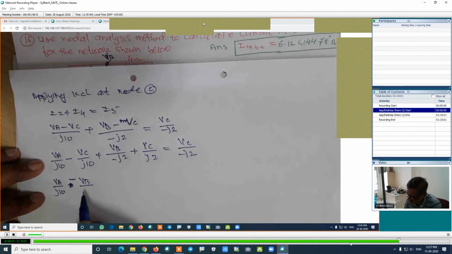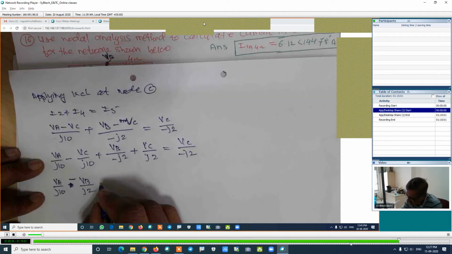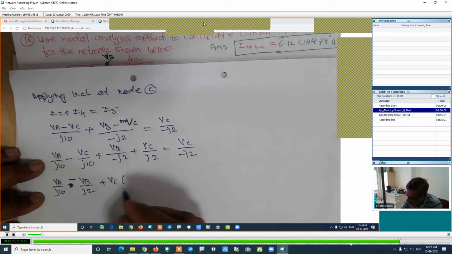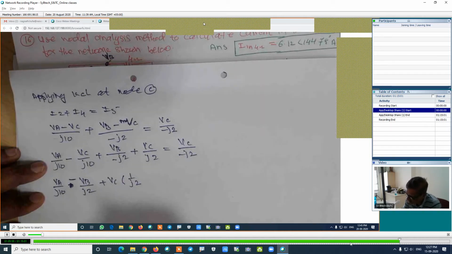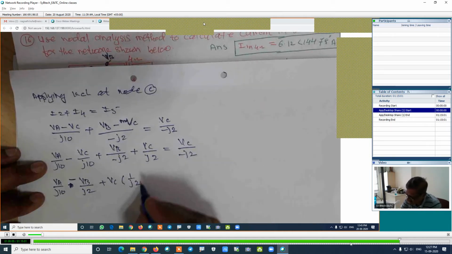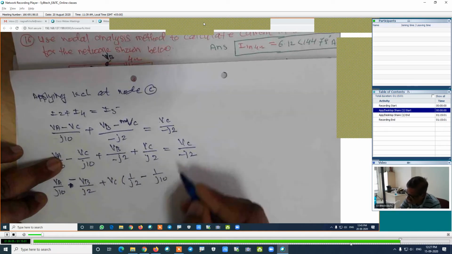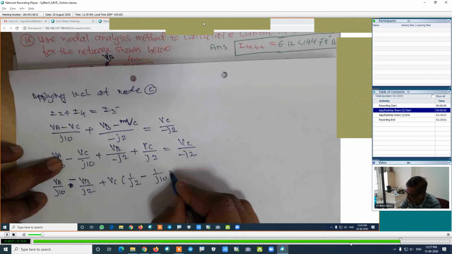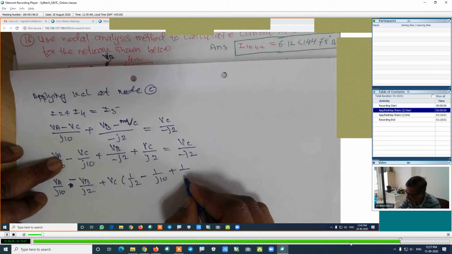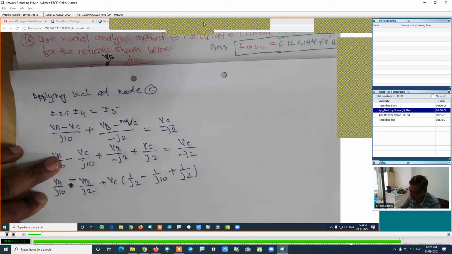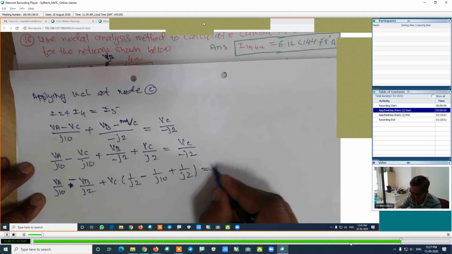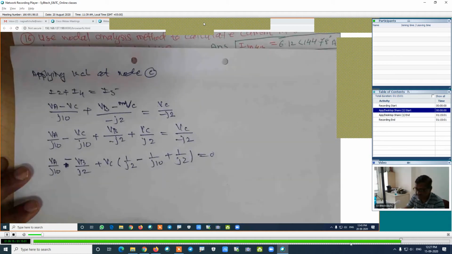That is minus VB divided by j2. This value plus VC को हम कॉमन लेते हैं तो ये वैल्यू क्या होगा? 1/j2. Is it right? Then this minus is 1/j10. Then ये value the plus होगा. It is 1/j2. Is it right? This value is equal to 0 because we have shifted this value to the left hand side.